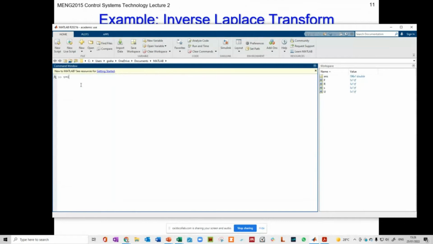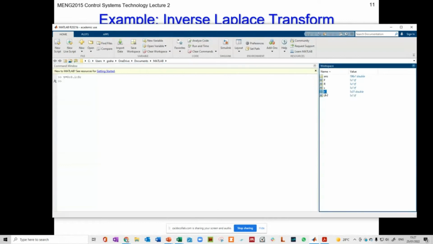so I'm just going to define t first of all. I'm going to define t as a range between 0 with steps of 0.1 up to 3 seconds. This is time t. So I've just created an array or a matrix of time t. You can see it appears in my workspace on the right hand side.